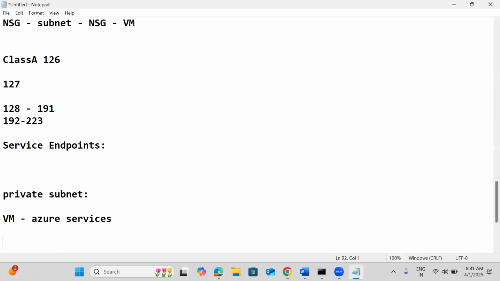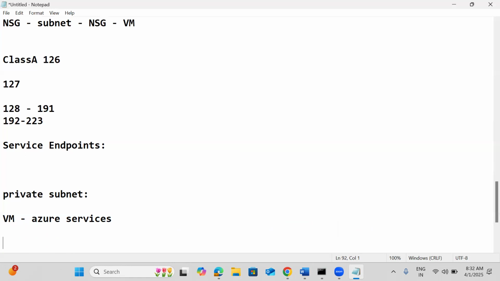What is the advantage? I have private subnet resources that want to access Azure PaaS-based services. For this, I don't want to give a private IP or internet, but still they want to communicate through Azure.